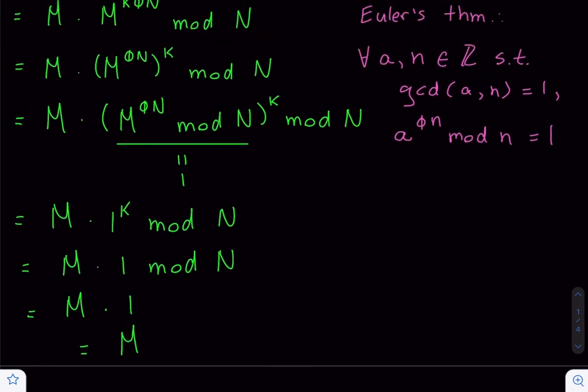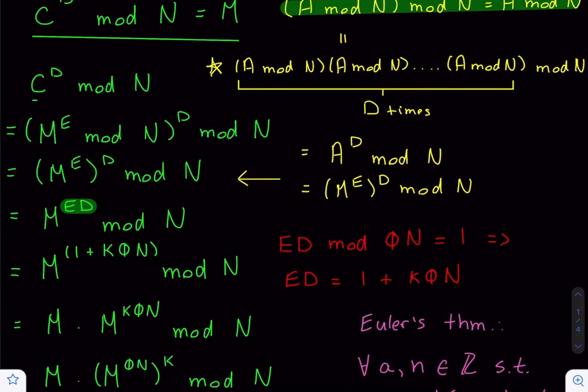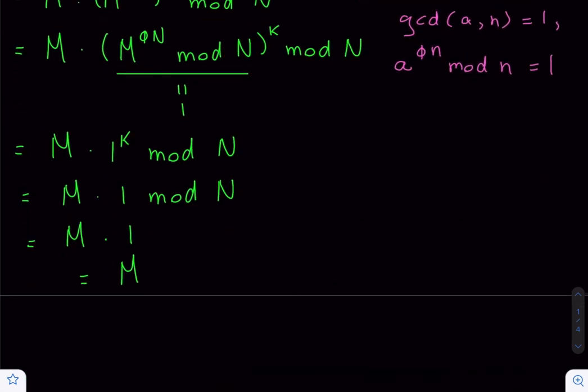And so now, going all the way back up here, we can conclude that here c to the d mod n is equal to m. And this concludes our proof.